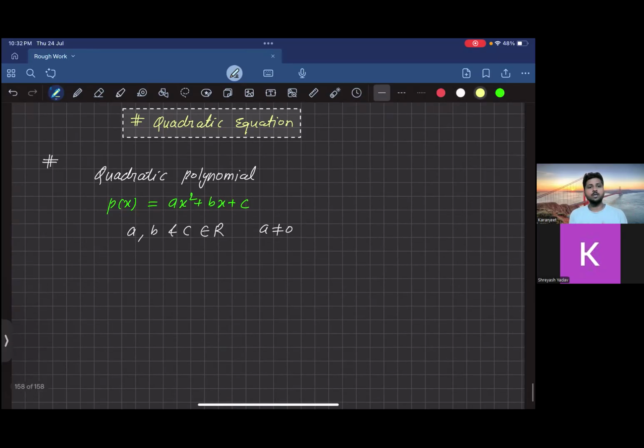A quadratic polynomial means the degree of the variable is 2. The variable is x and the maximum power is 2. If the maximum power is 2, then it is a quadratic polynomial. Otherwise, it is not.